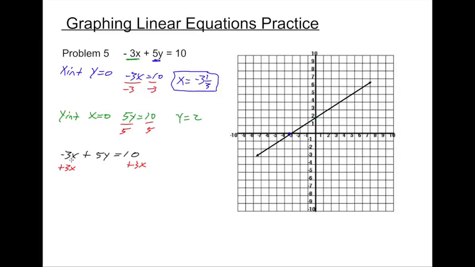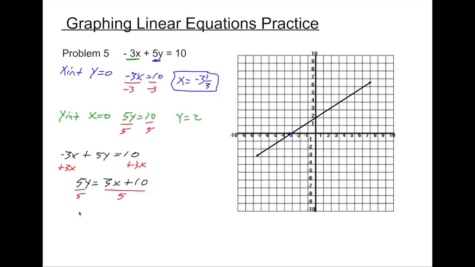And that would get rid of our negative 3x on this side. So now we would have 5y equals 3x plus 10. And now to get y completely by itself, we've got to divide both sides by 5, which means this whole side gets divided by 5.